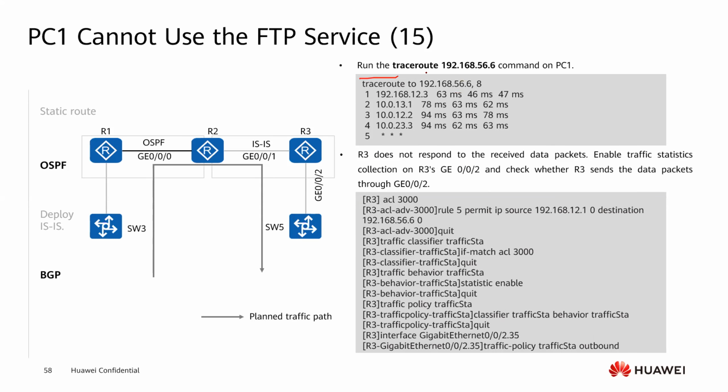Then we trace the route, because the route is already destined to PC5. We trace route, and we can find that at the last hop, we still can't communicate. Then we use the traffic statistic.